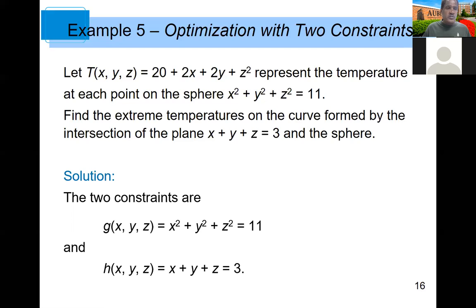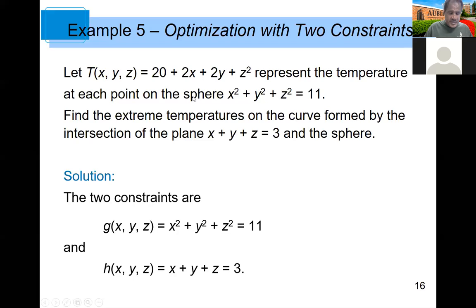They are all functions of 3 variables. So we are going to have to use x, y, and z, which means i, j, k for vectors. So g of x, y, z is equal to x squared plus y squared plus z squared, and h of x, y, z equals x plus y plus z. So these are the functions g and h.